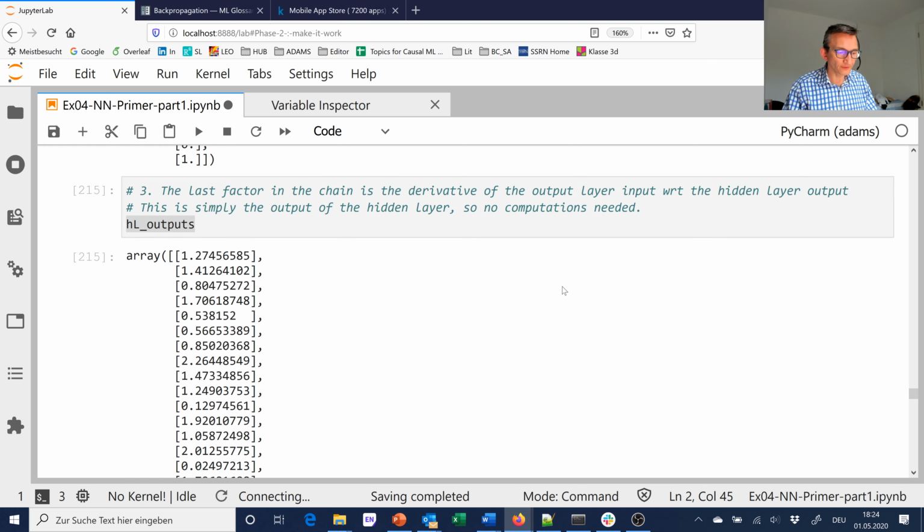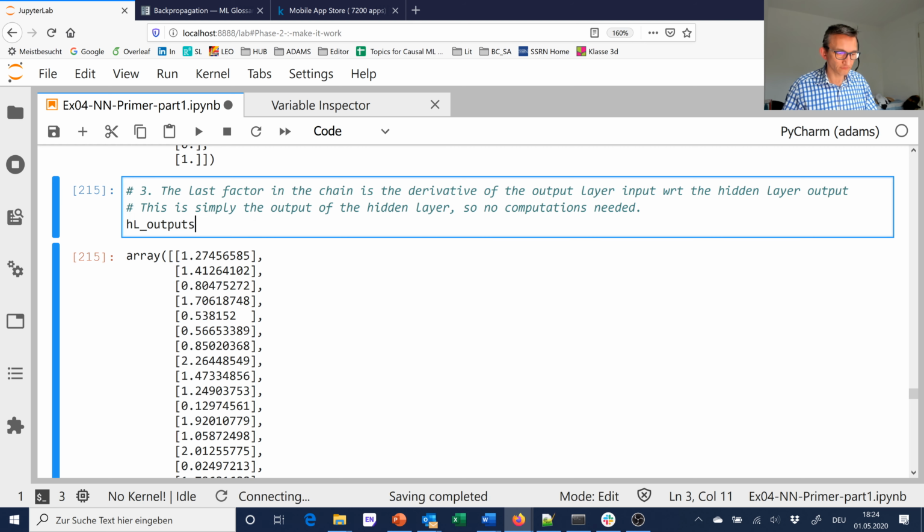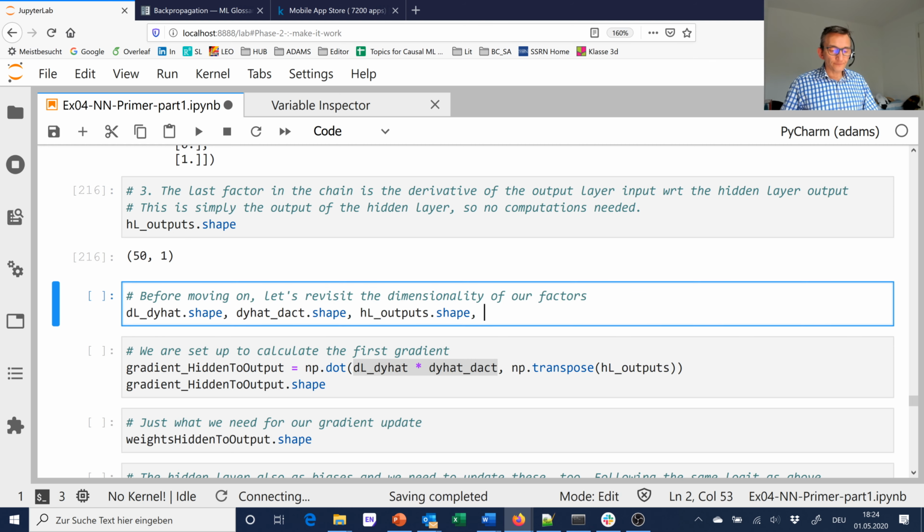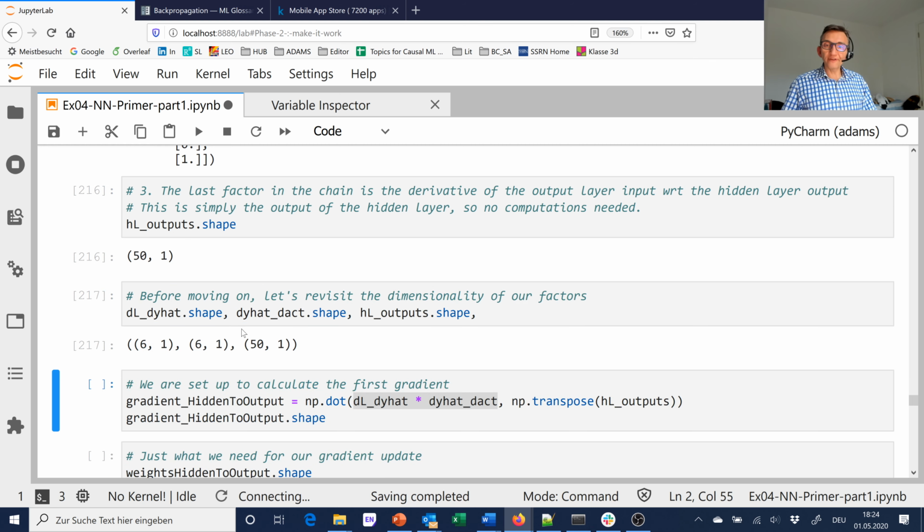Before moving on, let me get rid of that. We now have all three factors that we need for our partial derivative.